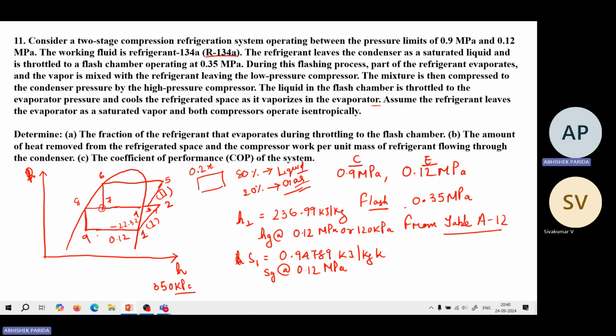Even at 360, Sg is 0.92856 kilojoule per kg Kelvin. That means at higher pressure, the entropy is still lower than the entropy at S1. That means this is in the superheated state.